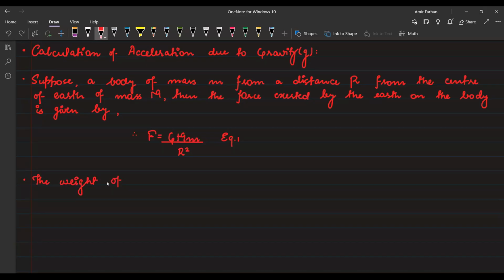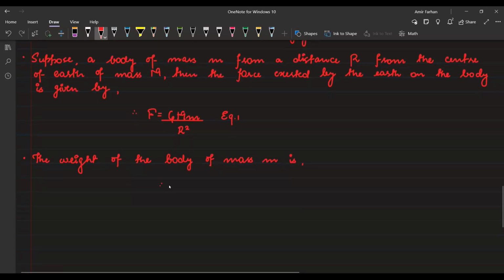The weight, mass m. So weight is nothing but a force, produced by the acceleration due to gravity, right?